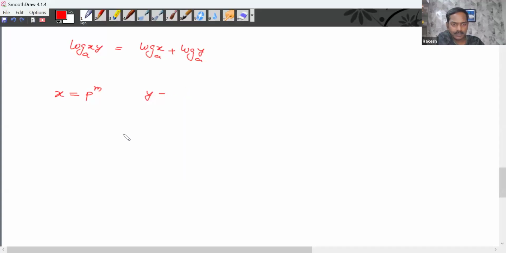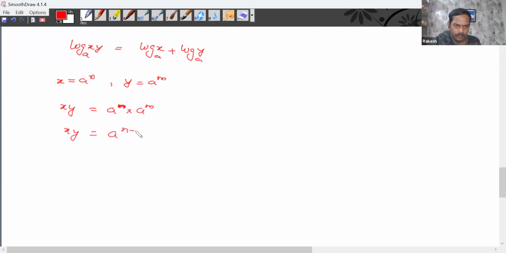So what we can do is let us assume x is nothing but a to the power m and y is nothing but a to the power n. Correct? So if I multiply both x and y, I'll be getting a to the power m multiplied by a to the power n, which is nothing but a to the power m plus n by using laws of indices. Good enough, right?